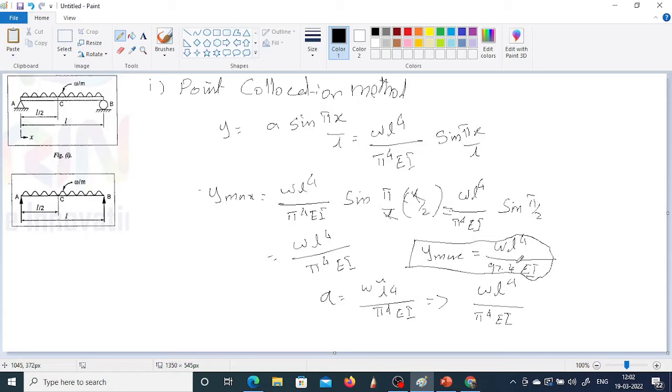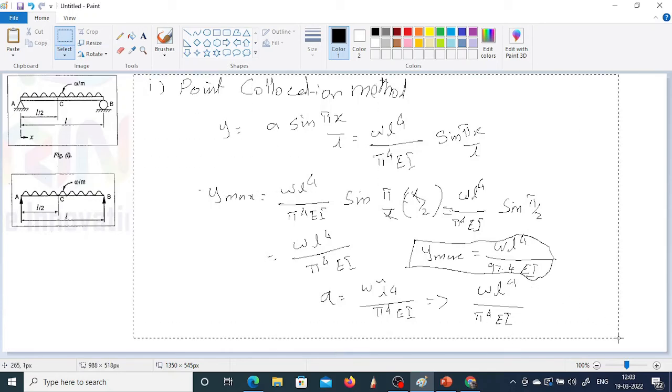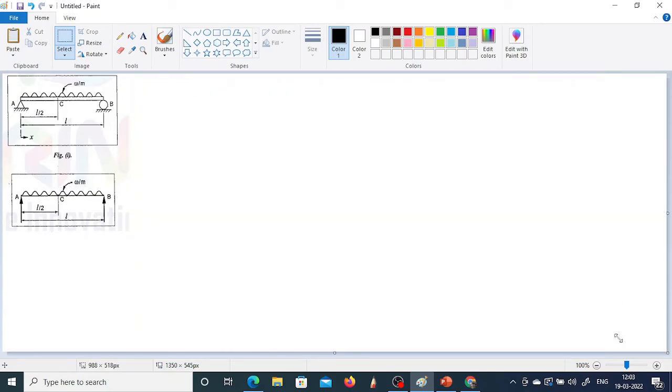Next I can move to identify the maximum deflection of the beam with the subdomain collocation method. What happens? Let's see. The second one is the subdomain collocation method.